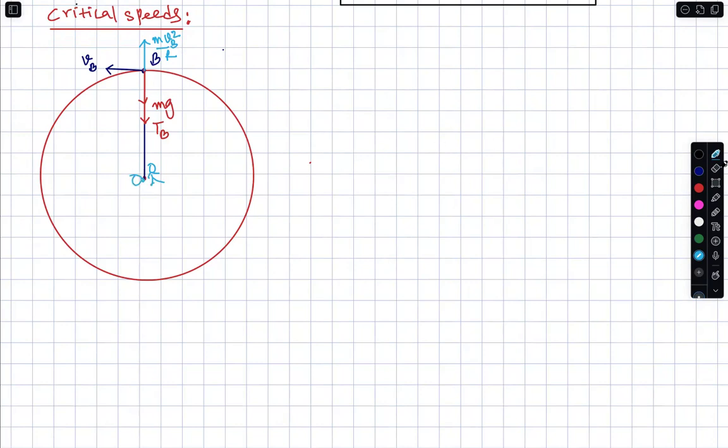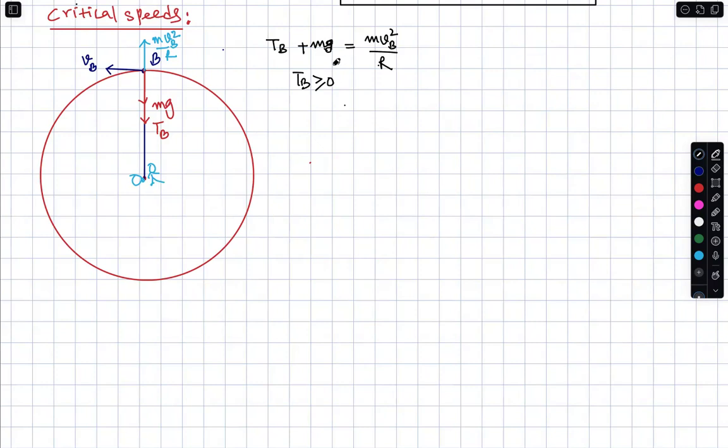With respect to that observer, at B, see what is the condition for maintaining circular motion at B? Simple. Tension at B must be greater than or equal to 0.